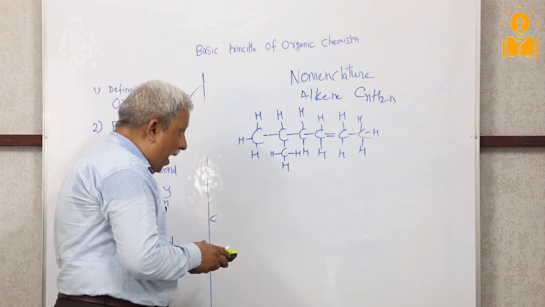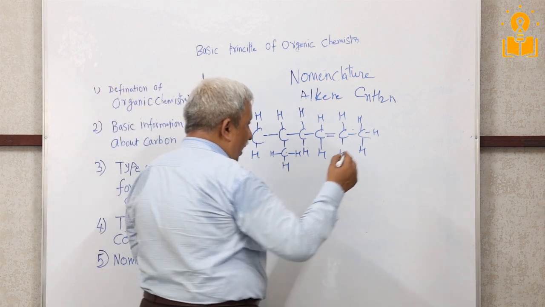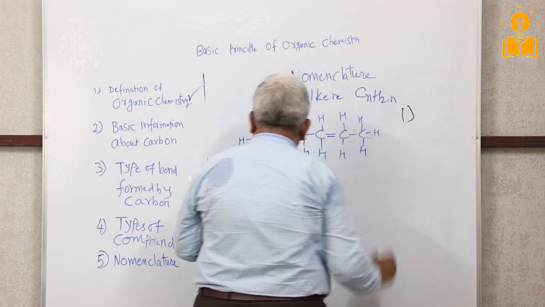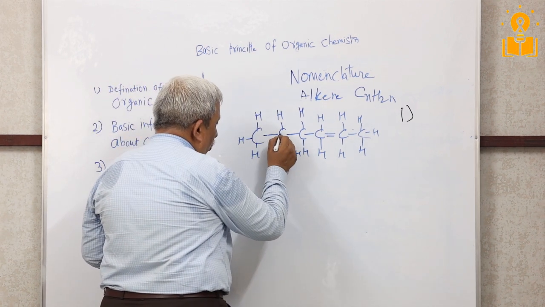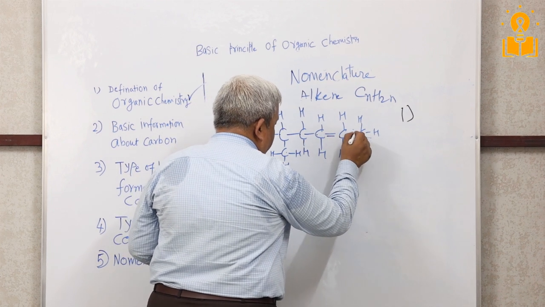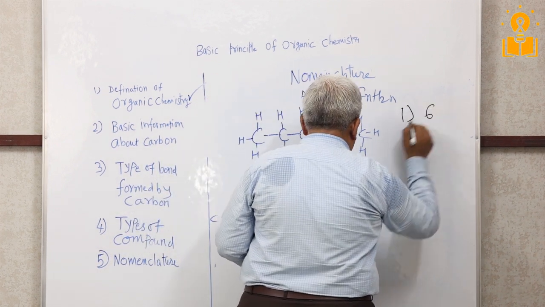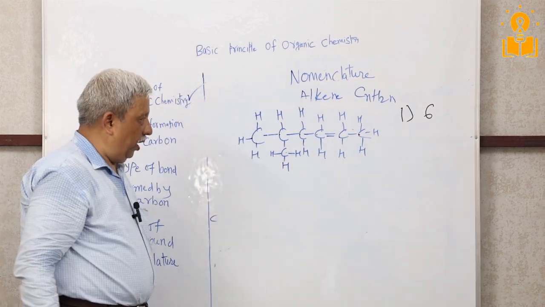Now, as earlier, we will follow the different paths. Path number 1: we follow straight, 1, 2, 3, 4, 5, 6. If we take this way, also 6.